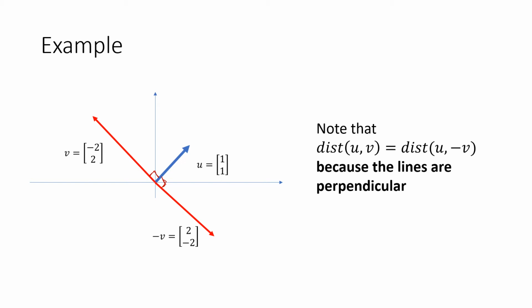So what does that mean in terms of distances? What it means is that this distance was the square root of 10, but this distance is also the square root of 10. So when you have two vectors that are at right angles to each other, or perpendicular to each other, a special thing happens: the distance between u and v is the same as the distance between u and negative v.